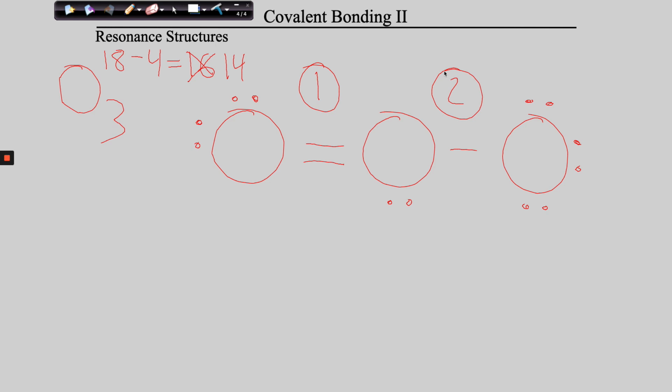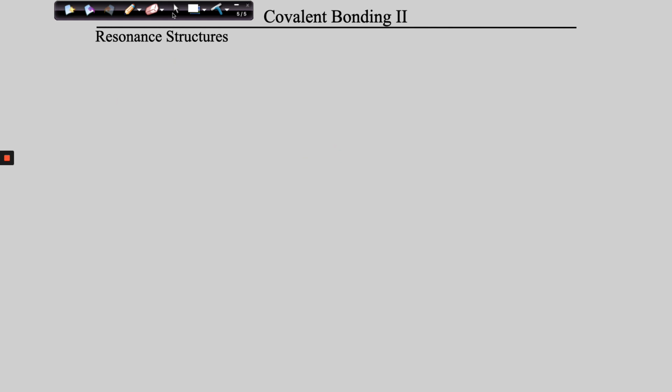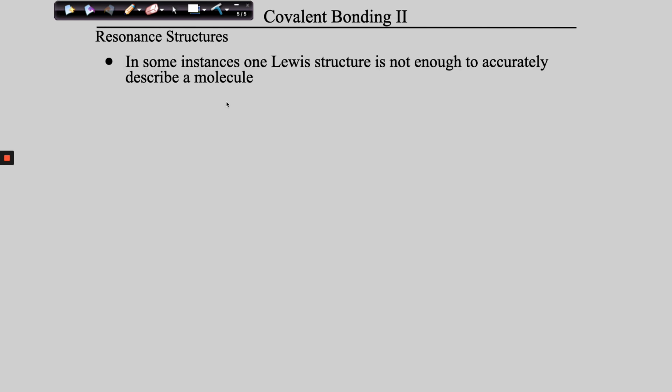Guys, now let's get into what we actually are going to talk about today. So, we've established the idea that ozone has got a double bond and a single bond to oxygen, and that the double bond is shorter and stronger because it's a double bond. Good? Okay. Well, guys, here's the problem.